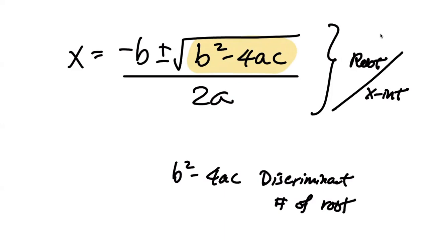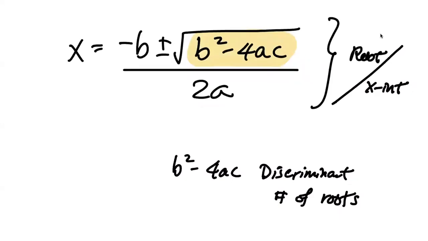If it's bigger than zero, it's two real roots. Equal to zero, that would be one real root. And if it's less than zero, that would be no real roots, but there will be two imaginary roots.